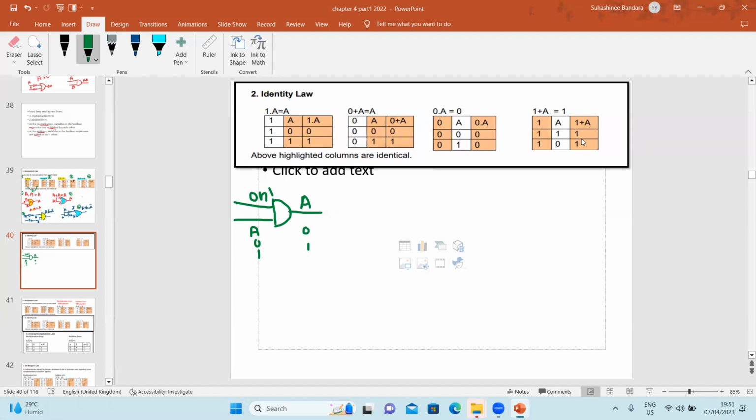Okay. So like that we can write the identity law. If you need, I'll draw the logical diagram for this one. You better copy down while I'm drawing.